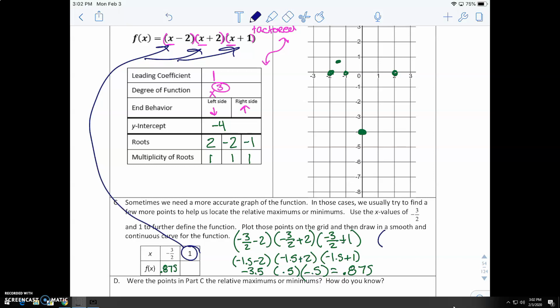So then I have 1 minus 2, 1 plus 2, and 1 plus 1. 1 minus 2 makes negative 1. 1 plus 2 makes 3. 1 plus 1 makes 2. Negative 1 times positive 3 makes negative 3. Times 2 makes negative 6. So I put that there. At 1, I get negative 6.